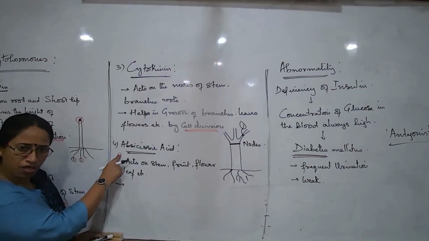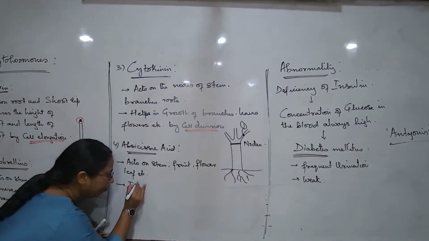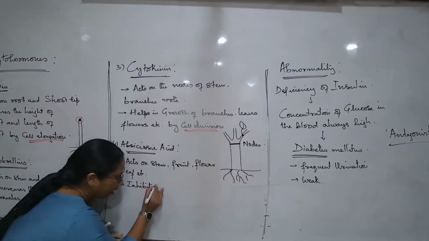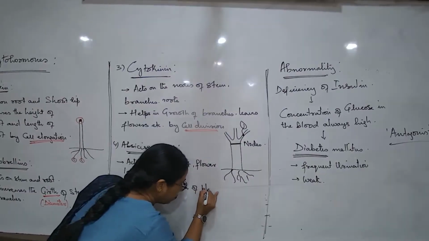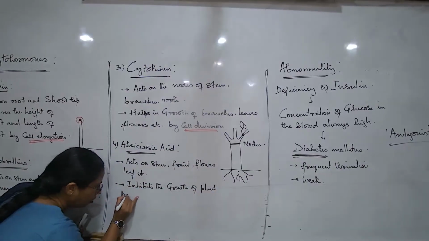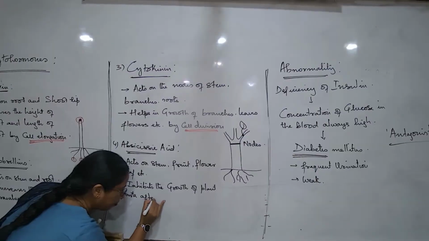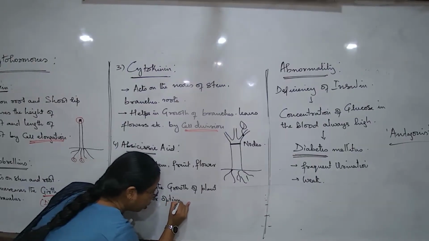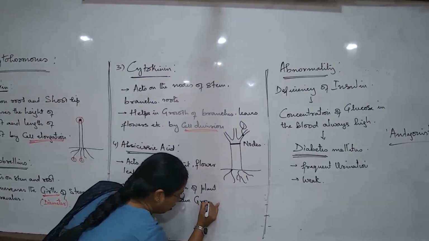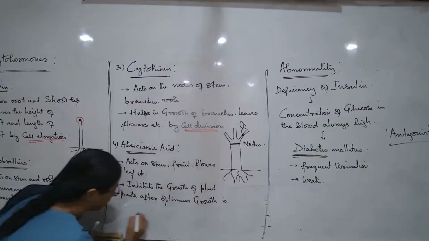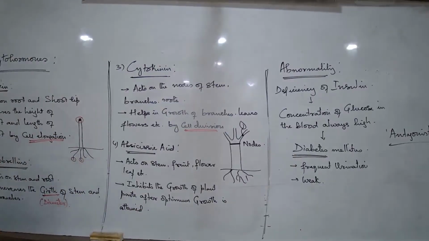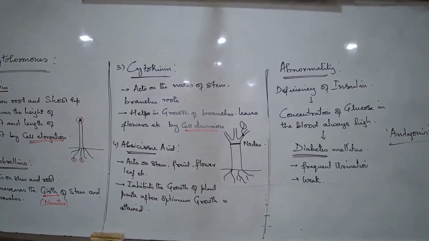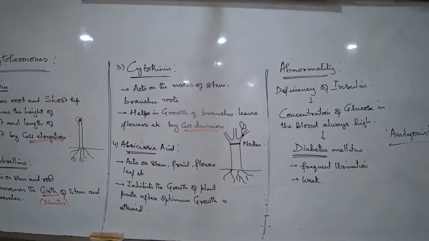So what would be the effect of abscisic acid? It inhibits the growth of the plant parts after optimum growth is attained. The hibiscus flower will keep on growing unless and until that big size is obtained.